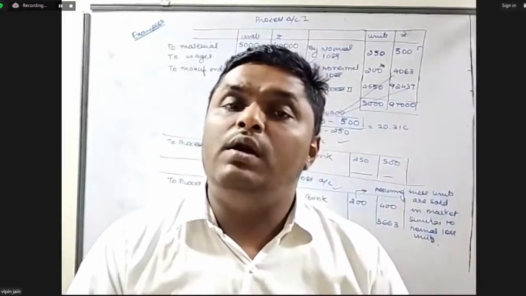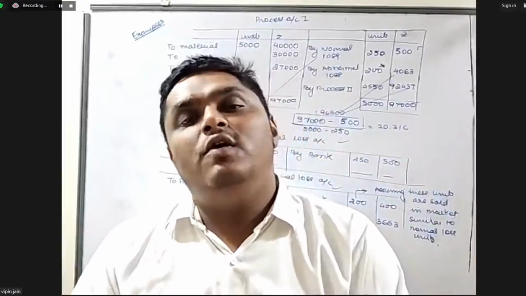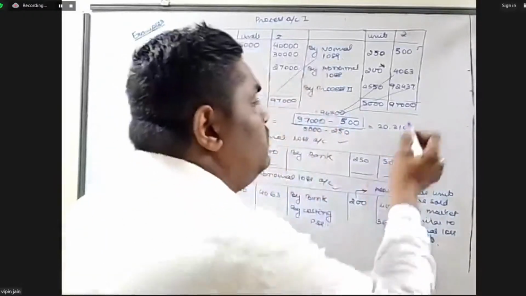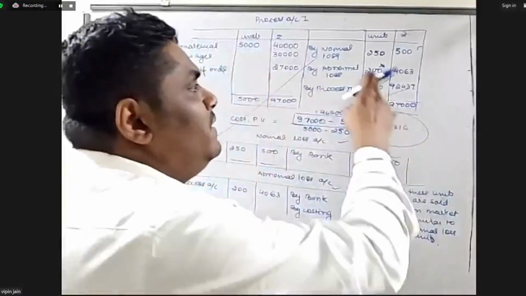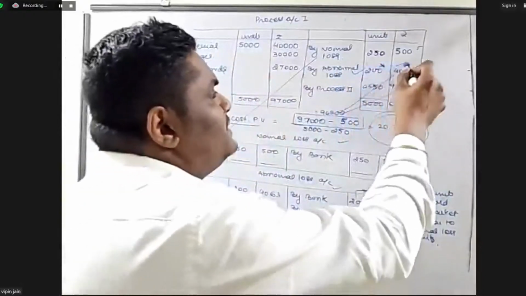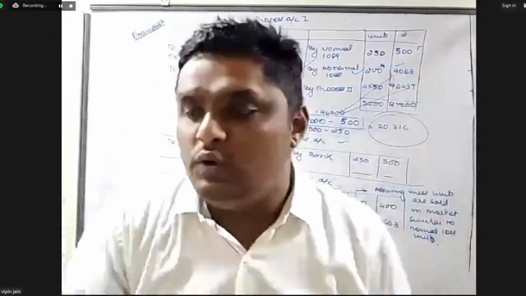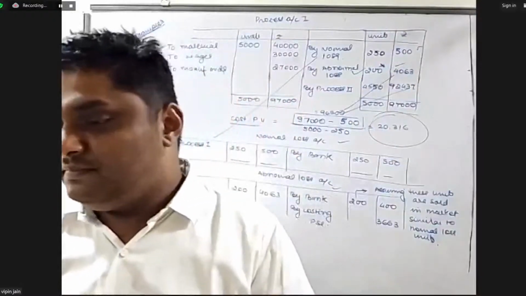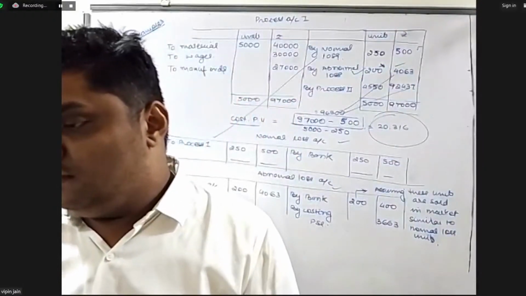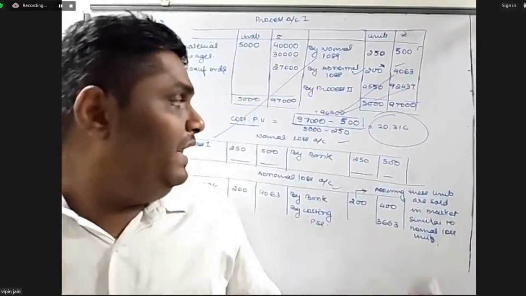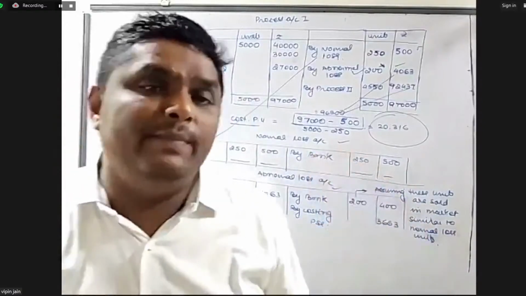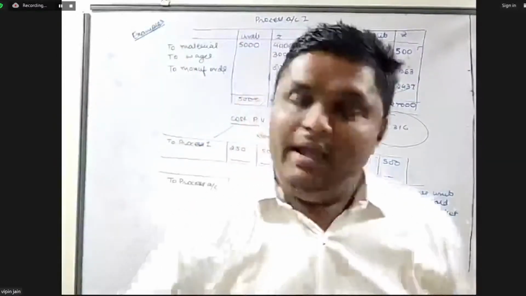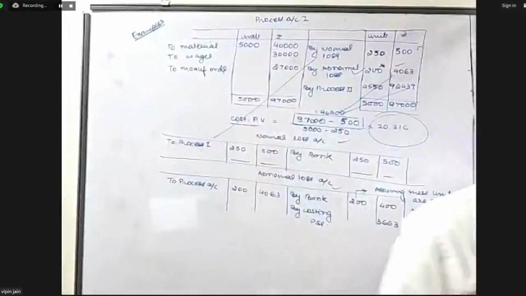When talking about abnormal loss, very simple, guys. The value of abnormal loss will be equal to the value of good units, and it will be shown on the credit side of process account, and thereafter it is to be transferred to costing P&L. I request you guys to please copy normal and abnormal loss account and the solution.